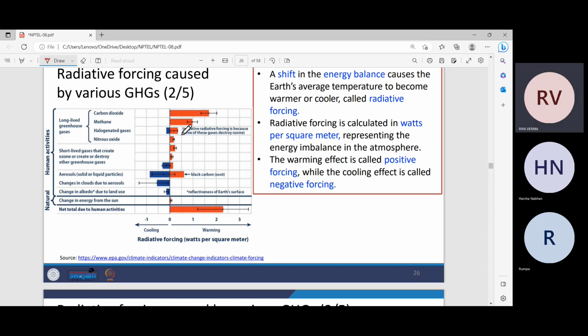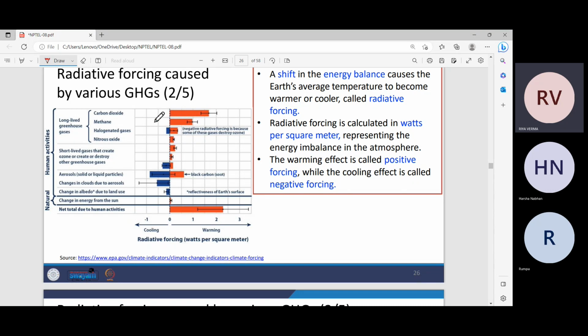So, these gases, for example carbon dioxide, have a warming or positive radiative forcing, and it tends to raise the temperature of the earth. And then we have methane and nitrous oxide.